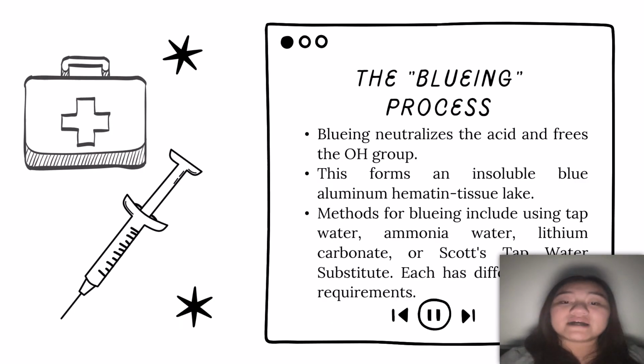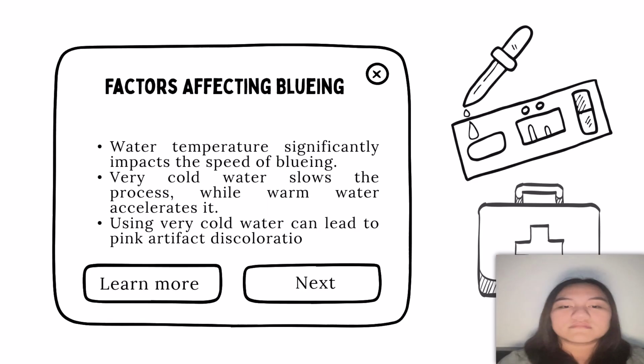The bluing process neutralizes the acid and frees the alcohol group or OH group. This forms an insoluble blue aluminum hematein tissue lake. The methods for bluing include using tap water, ammonia water, lithium carbonate, or Scott's tap water substitute, and each has different requirements.